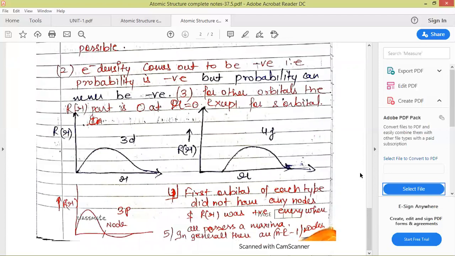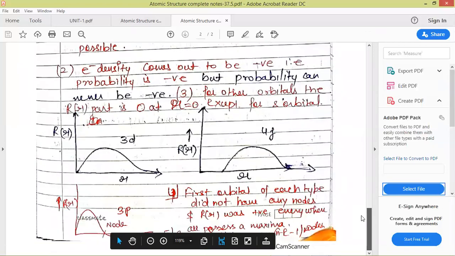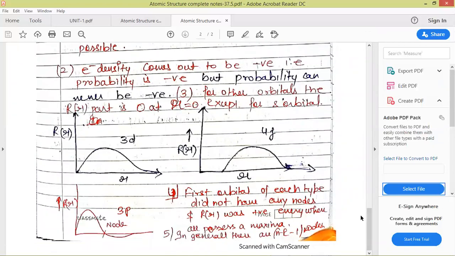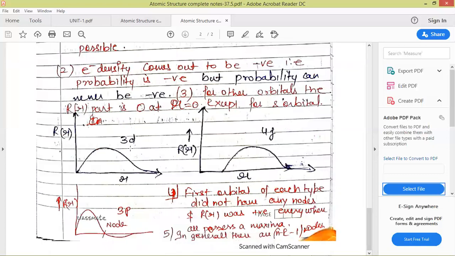So if we take here on this axis r square, then what we'll get is, sorry, before that I would like to discuss the variation of the radial part of the wave function for 3d orbital and 4f orbital. Here we have shown that the first orbital of each type doesn't have any node.